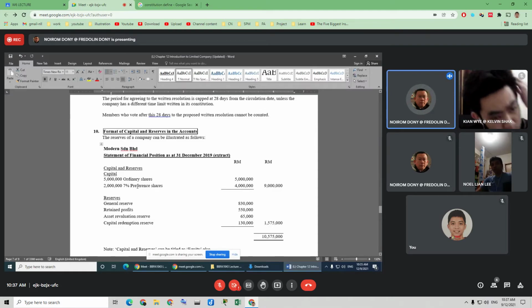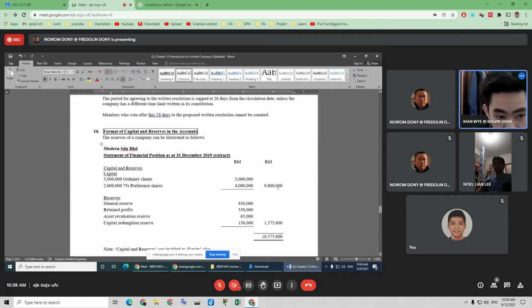A 7% preference share receives a fixed dividend of 7%. So 4 million in the second column. Then we total, and move on to the third column, 9 million.